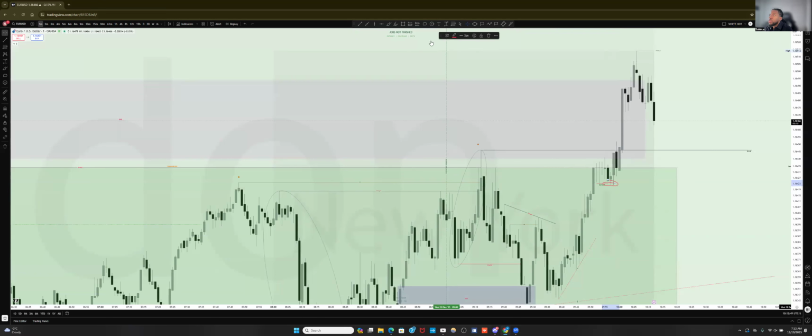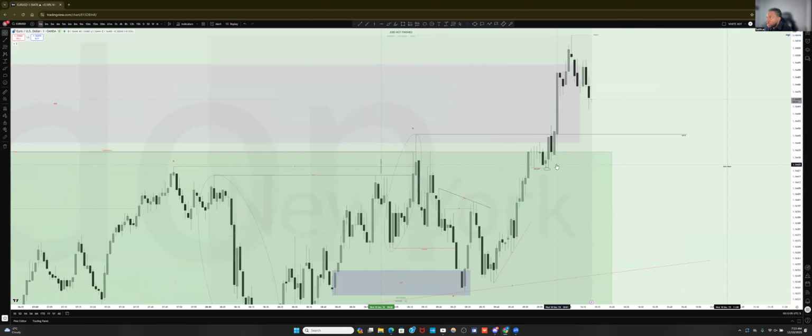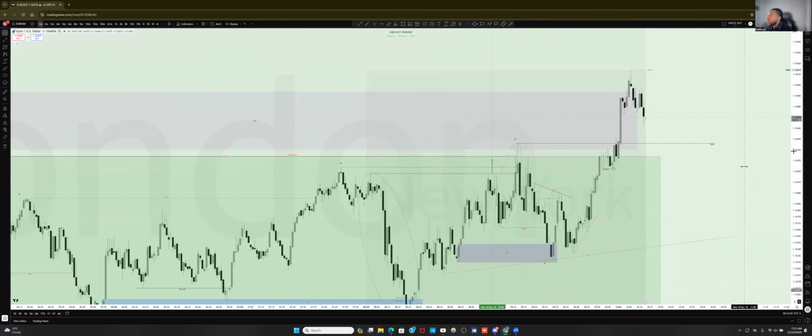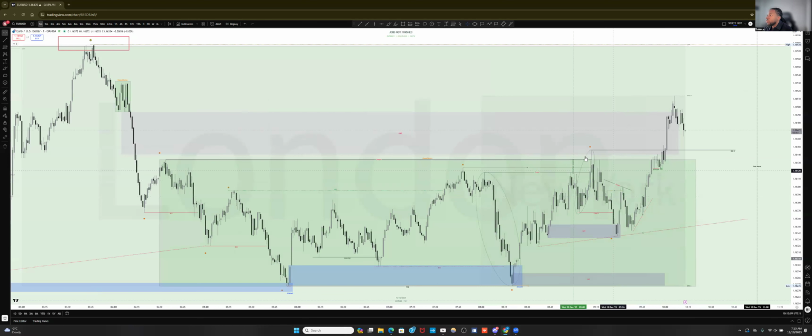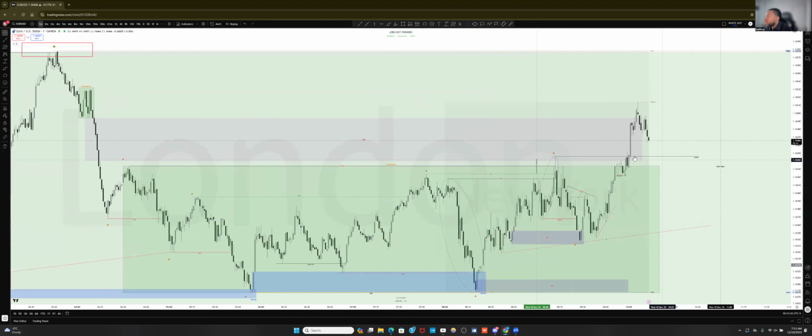Excuse me, this is very ugly. Price induced, leaving these equal lows, and pushed the market up. So buyers stepped in, took control once again here, pushing, leading to a break of structure. So we want to see if this supply turns to demand for price to mitigate, push up again, perhaps come back, then take this low and give us another push.